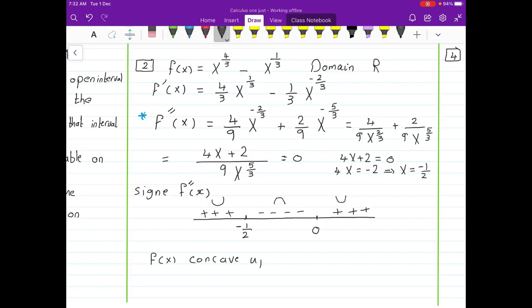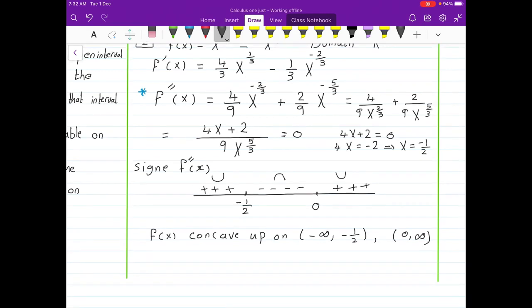So f(x) is concave up on the interval (-∞, -1/2) open and the interval (0, ∞). And f(x) is concave down on the interval (-1/2, 0).